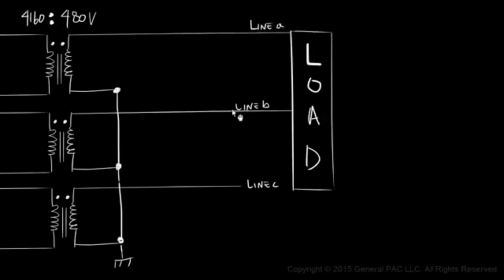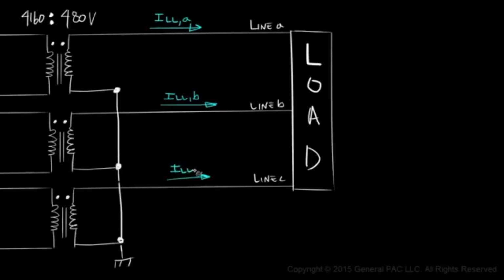Since we have assumed that the secondary is our load side, the line current flows through our lines to our load. So line current A flows through line A, line current B will flow through line B, and line current C will flow through line C.